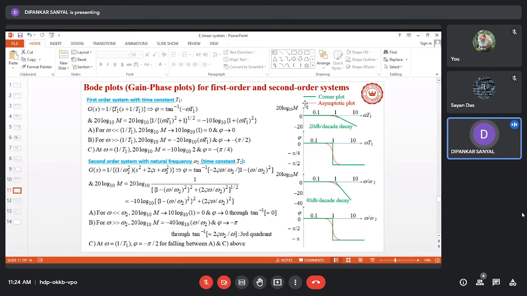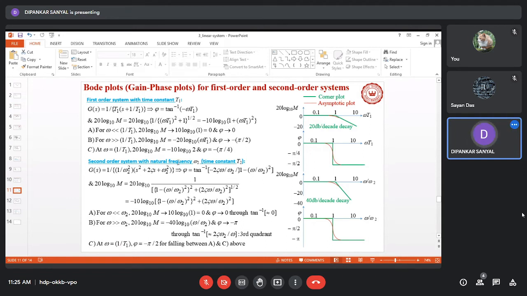These green lines we call the corner plots, which contain only the asymptotes, and by proper interpolation between these asymptotes, we generate the actual plot. So this is the actual variation plot, and these are the corner plots. The corner plots are really helpful in other circumstances that we will read shortly.